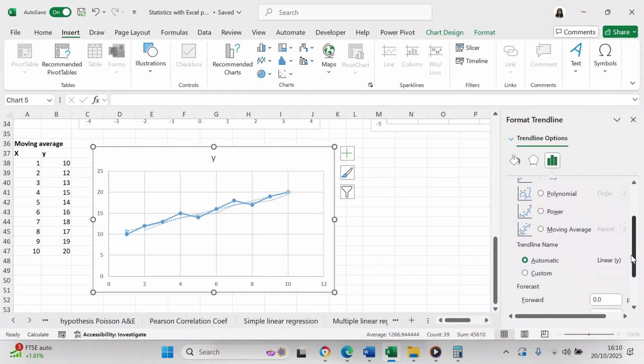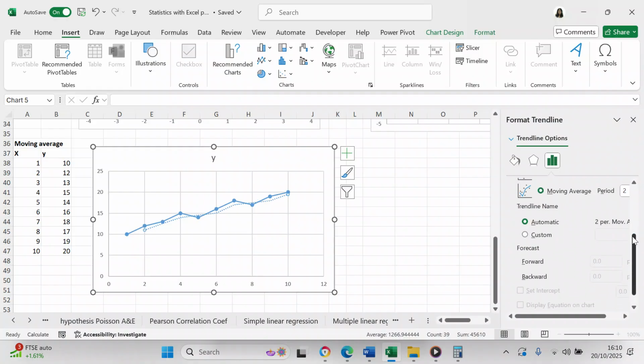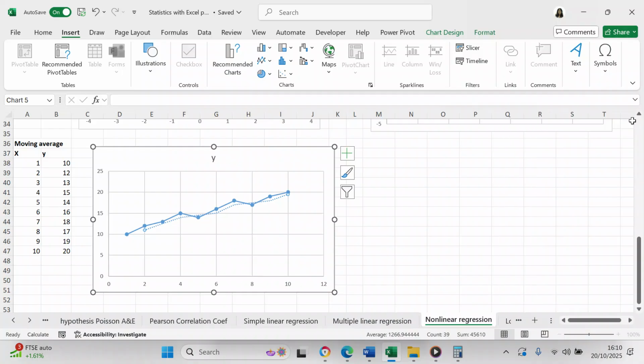It's not linear, it's moving average. It says period of 2 when you have your moving average as a period of 2. So that's it for your moving average. The blue is the Y, and the blue dot is your moving average with a period of 2.